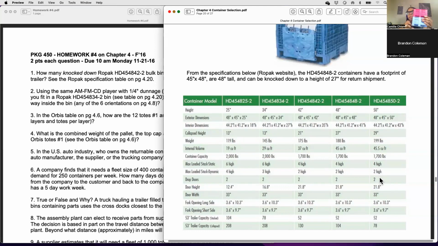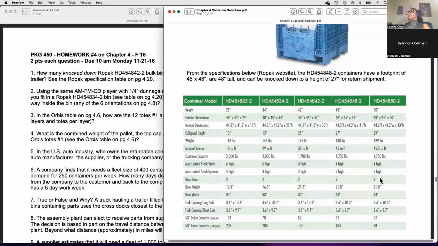So basically they're going to take these out of a trailer, and when they move them to the line or to a warehouse space or to a supermarket, wherever they're going after they take them out of a truck, they should not be more than 2 high when they're getting moved. So if you go into a warehouse, they take the 2 out of the trailer and then they pull 2 more out and stack 2 on top of them, and then the fork truck driver starts moving, they've already gone past their dynamic stack. So just those are things to know.